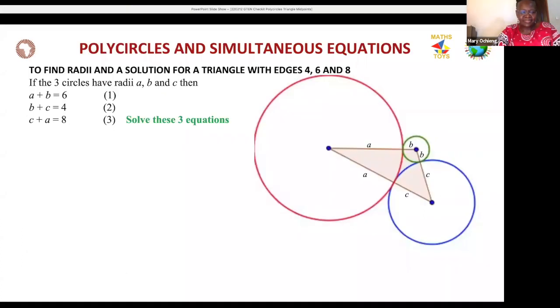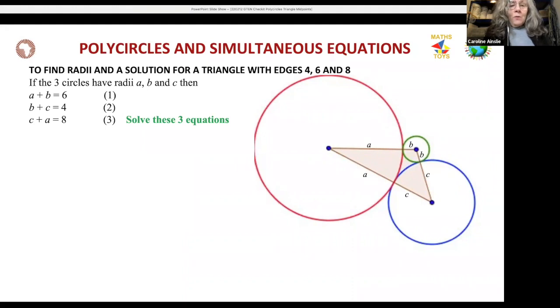We are making a connection with the Polycircles and Checkit. So we're kind of back to Checkit, and we're going to connect it with algebra and all kinds of things, but also make geometry real.